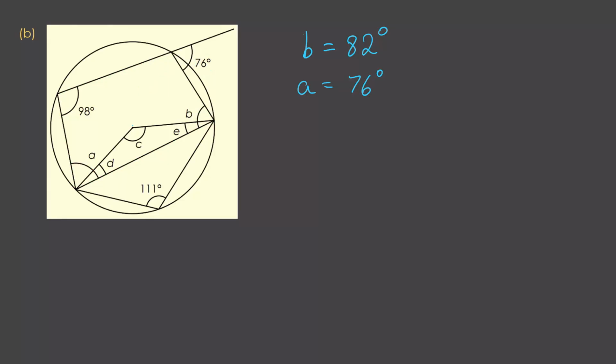Now it's not clearly marked on the diagram, but this is the center of the circle. And that means we have an angle at center. The angle I've just marked in green relates to this 111. And we know it's double, so it's 222.